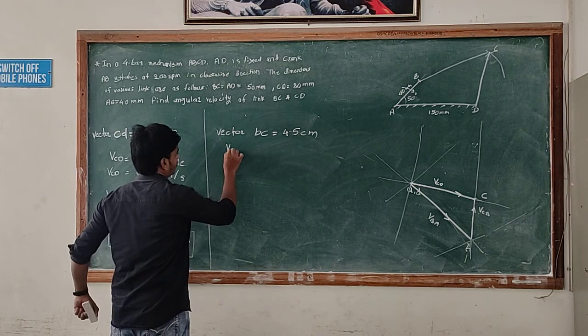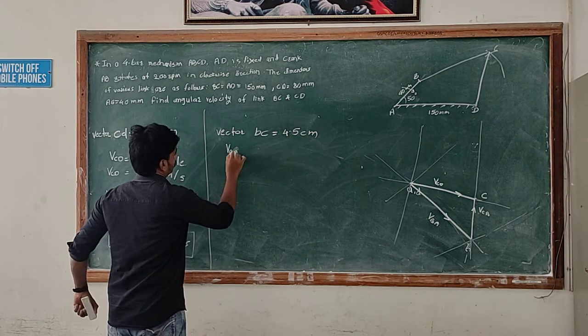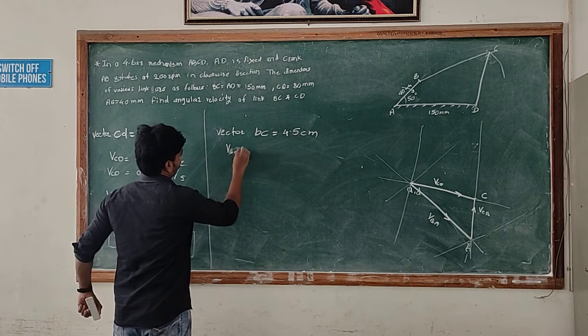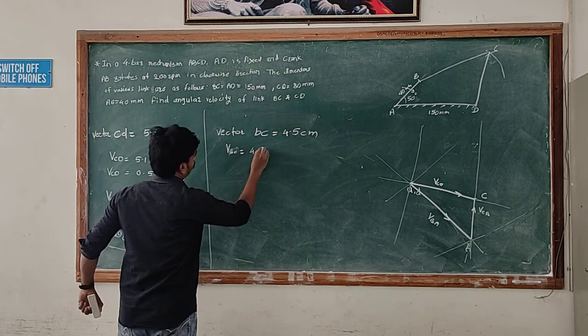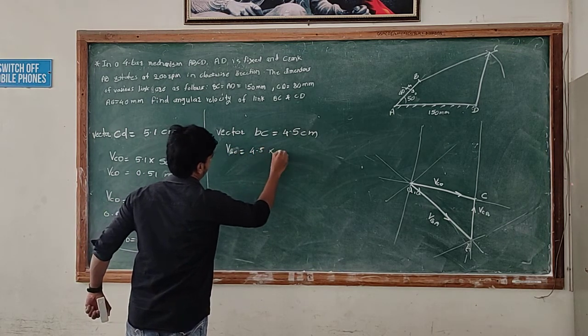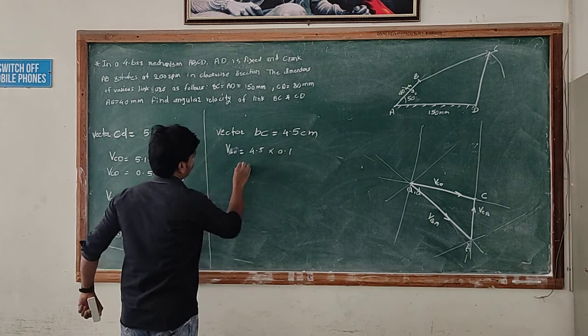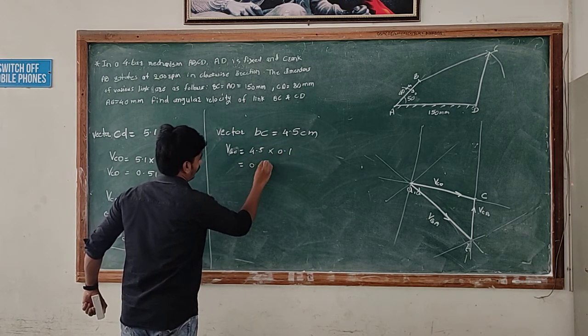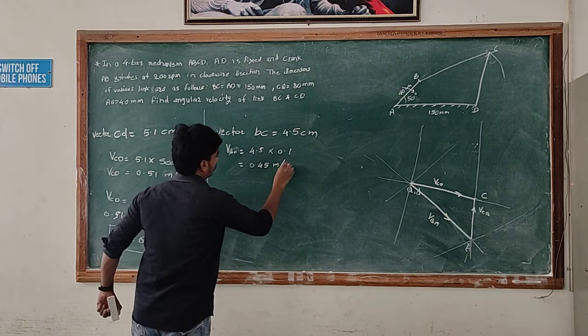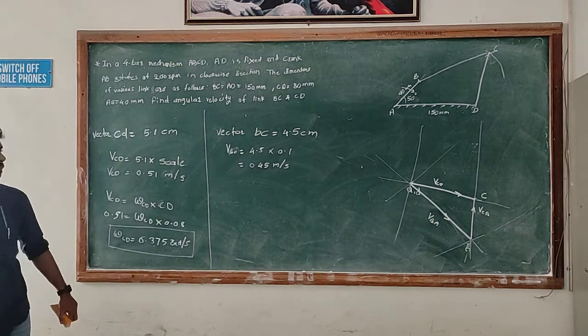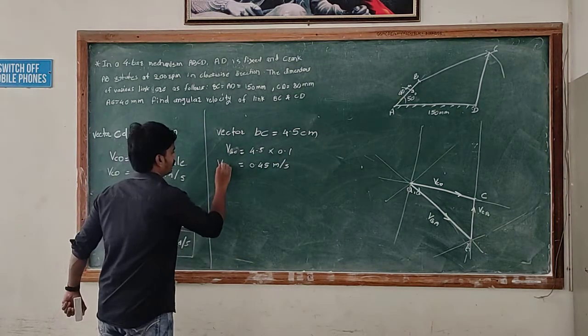Therefore, velocity of the link BC is equal to 4.5 into scale. Scale is 0.1, so it becomes 0.45 meter per second.